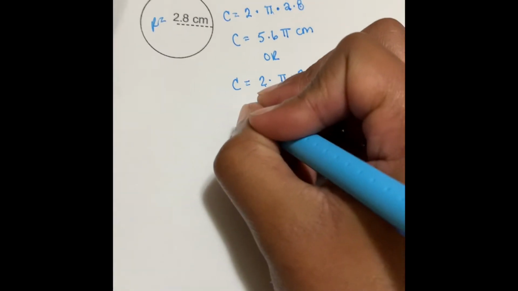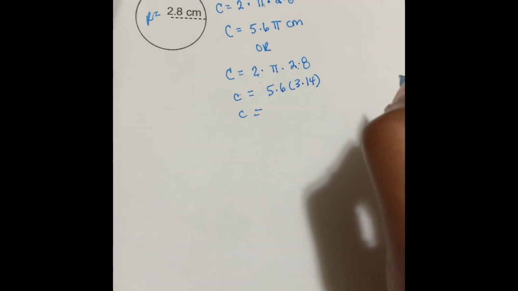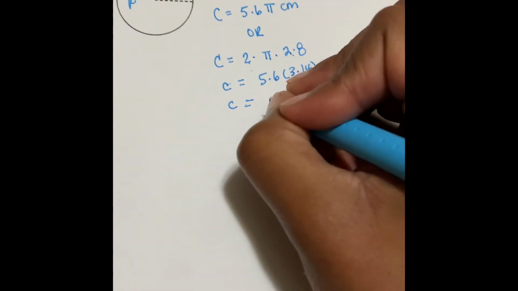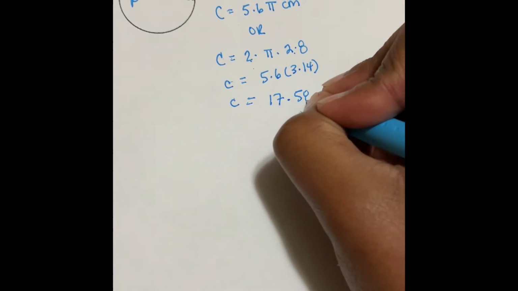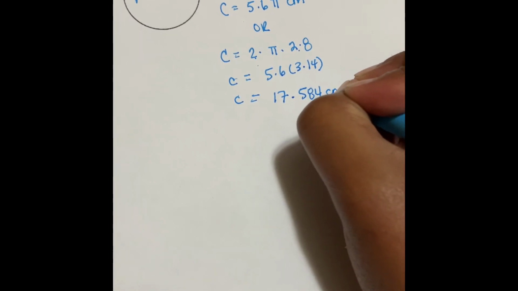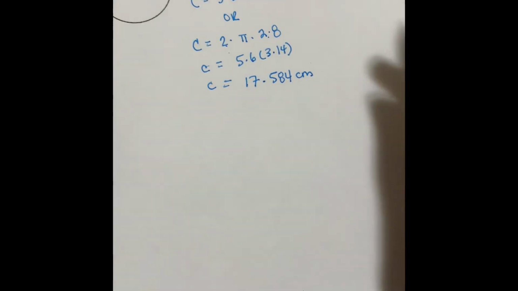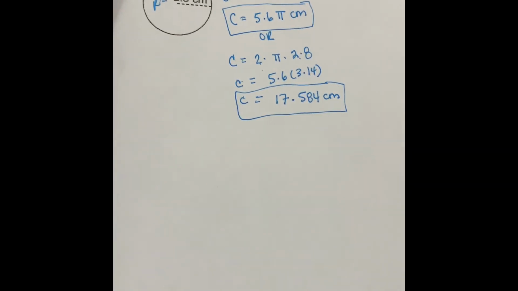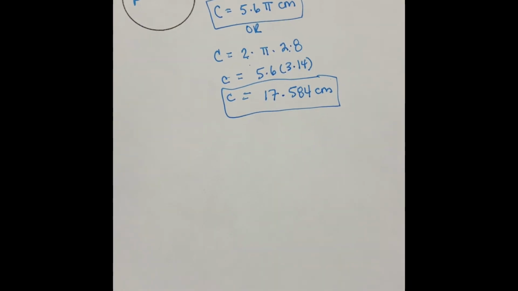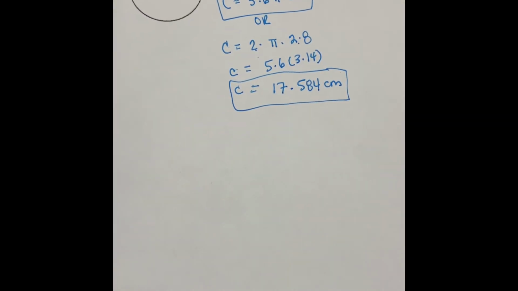And if I multiply them together, I get 17.584 centimeters. Okay, so this answer will work, or this answer will work. You may see it either way on your EOC.